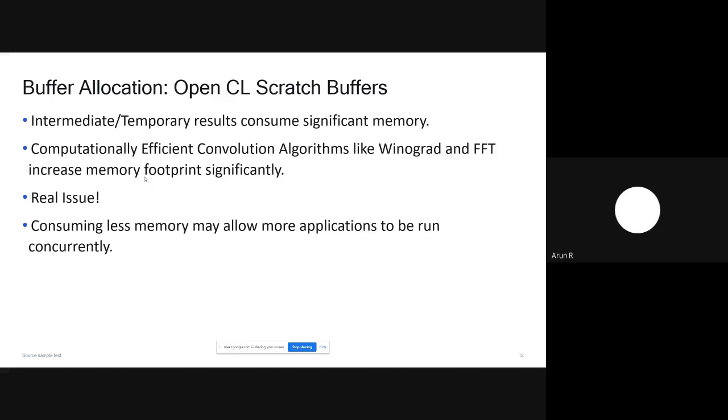That's why FFT based convolution will increase the memory footprint. These computationally optimal algorithms increase memory footprint significantly, and this is a real issue. For instance, we may not be able to run these algorithms because of memory limitations.